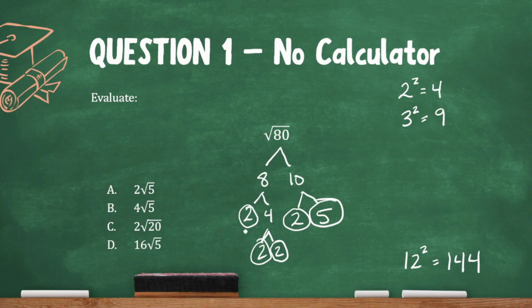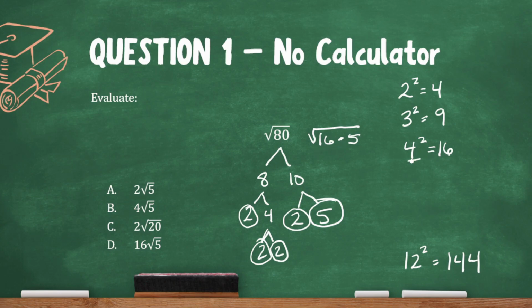Now if we multiply 2 times 2 times 2 times 2 together, 2 times 2 is 4, 4 times 2 is 8, 8 times 2 is 16. I do know that 4 squared is 16. So in other words, the square root of 80 is the same as the square root of 16 times 5. Now I can take the square root of 16.